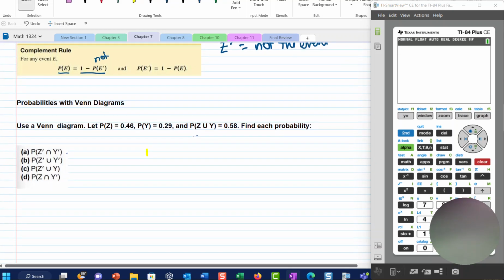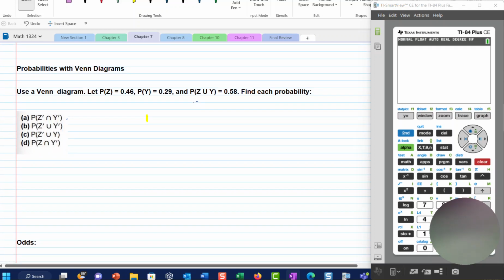Right. So here we have probabilities with a Venn diagram. Use a Venn diagram to let P of Z equal 46 hundredths, P of Y equal 29 hundredths, and P of Z union Y equal 58 hundredths. So let me draw one.